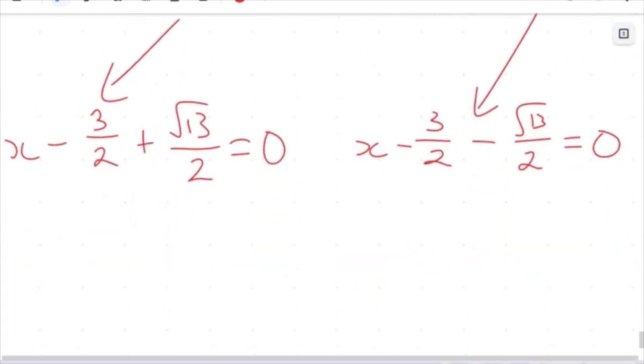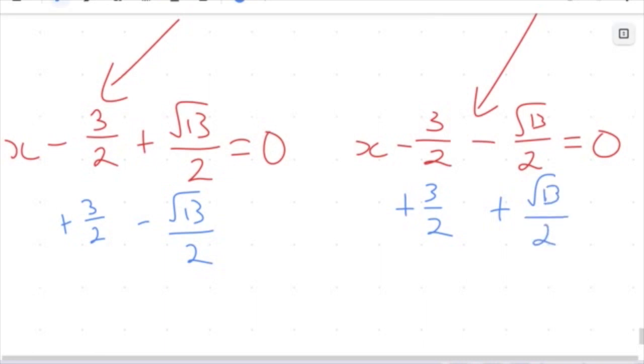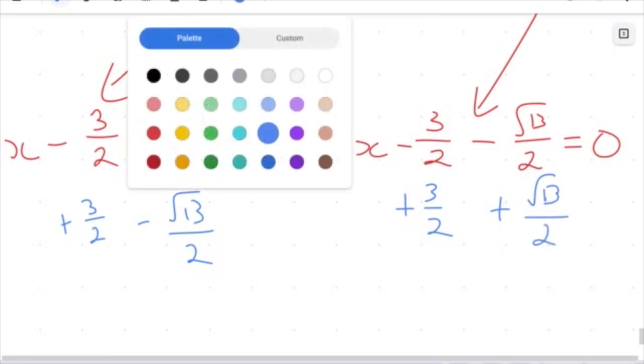And then we just want to solve these. So for this one, we can just add 3 on 2 to both sides and subtract root 13 on 2. And the same thing here, except we want to add root 13 on 2 to get x on its own in both of these cases.